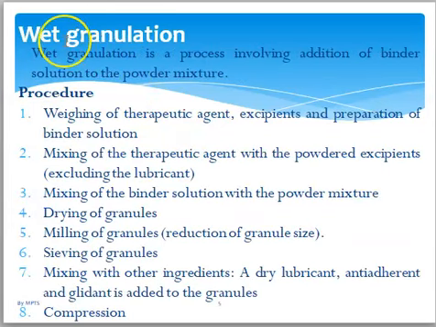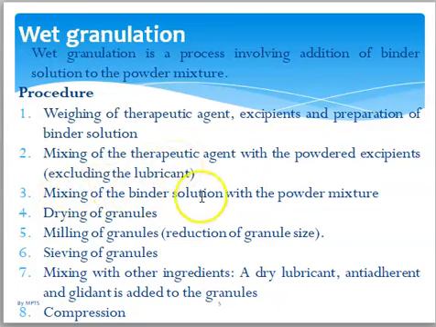So let us look at wet granulation. Wet granulation is a process that involves addition of a binder solution to the powder mixture. These are the processes: weighing of the API and excipients, preparation of the binder solution, and mixing them, excluding the lubricant, which comes at a later stage.